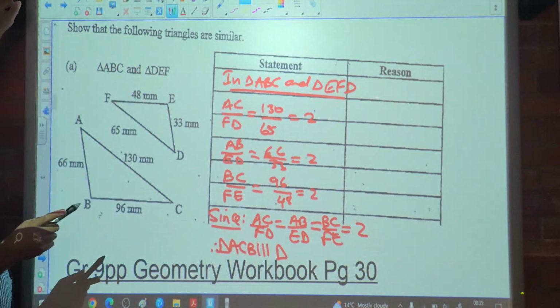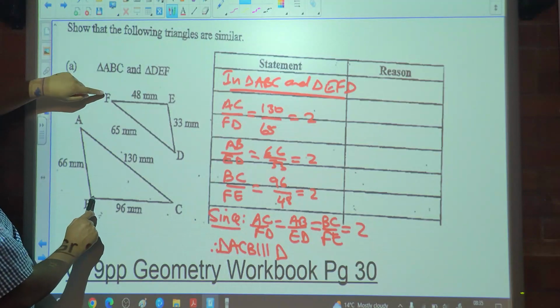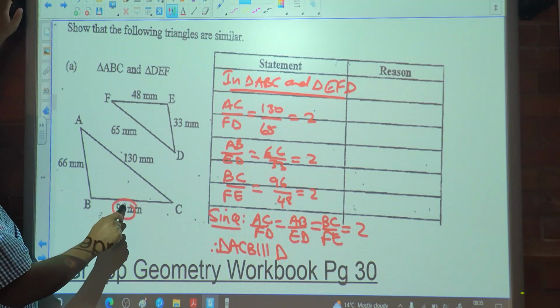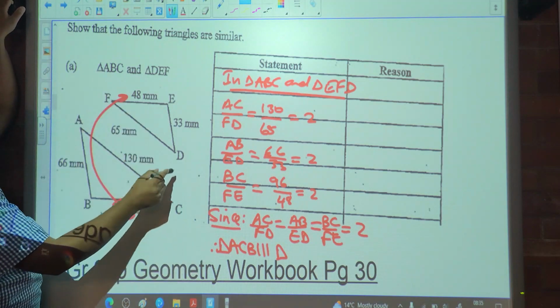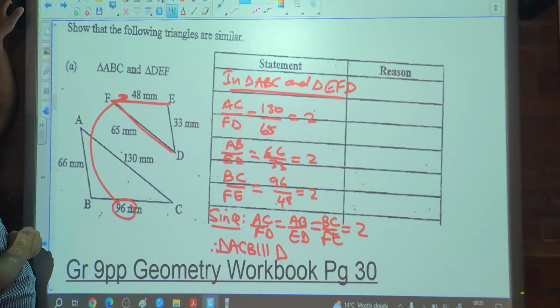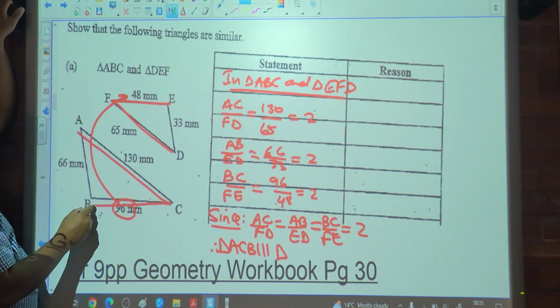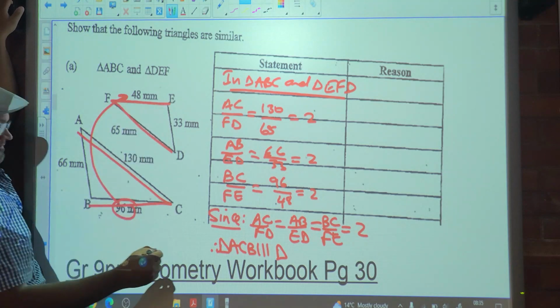Now the order again is important. ACB. So this will be the 96 corresponds with the 48. So this triangle will be FDE. Can you see that? So I went ABC, so it's DFE.